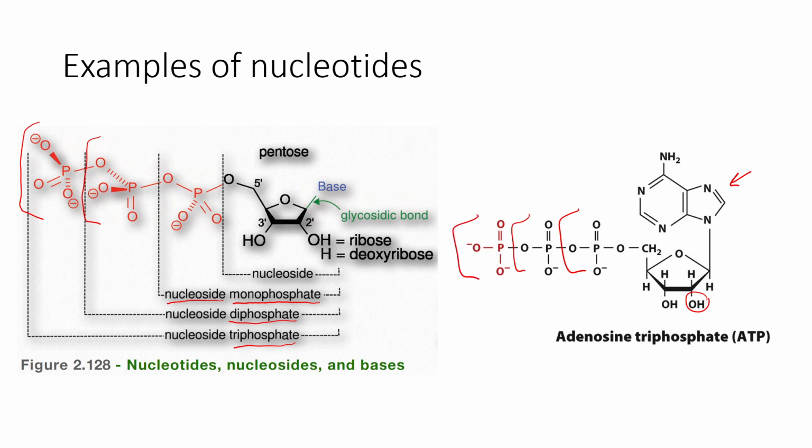So now we know we can name this molecule adenosine, because adenine plus sugar, tri because there's three phosphates, phosphate: adenosine triphosphate, otherwise known as ATP, which you've probably heard of. It's used as the energy currency in the cell. And additionally, it's a component when we're making up our nucleic acids like DNA and RNA.